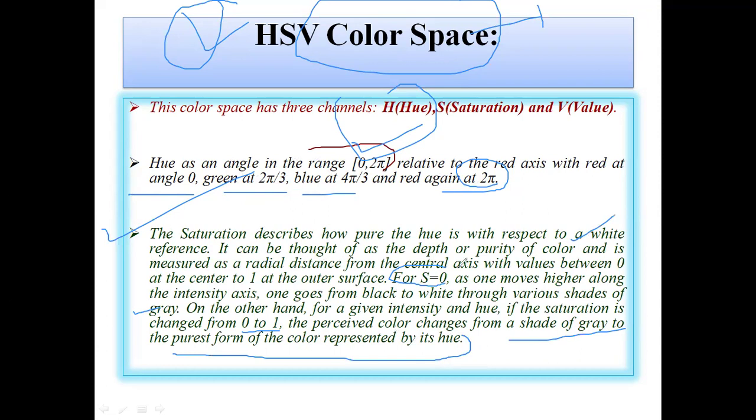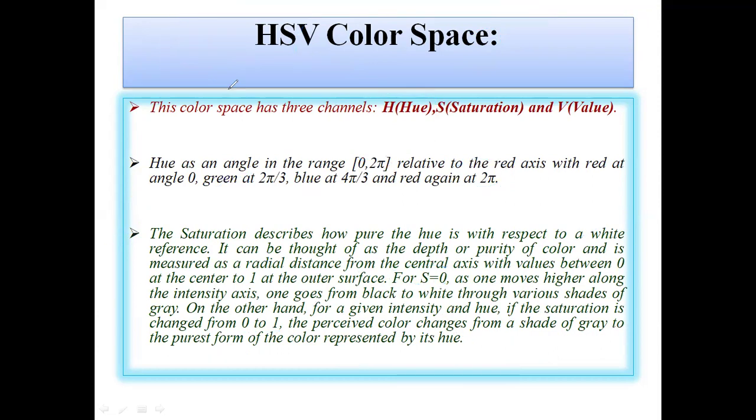Then saturation describes how pure that color is with respect to a white reference. When S is equal to 0, one moves along the intensity axis from black to white, through various shades of gray. Similarly, for a given intensity, if saturation moves from 0 to 1, the color changes from a shade of gray to its purest form.